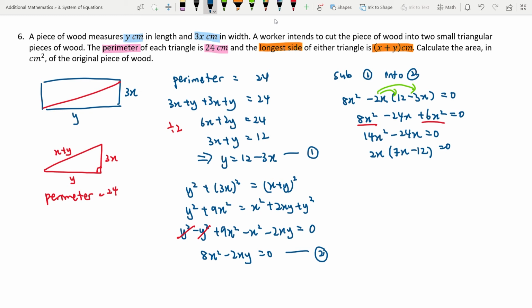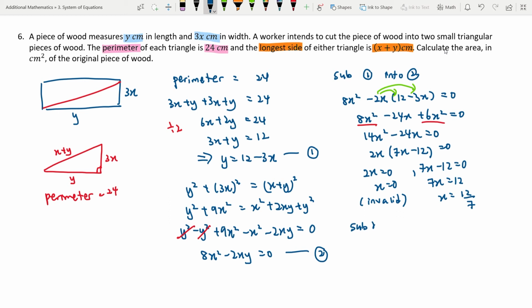Hence, for the equation to be 0, either 2x is equal to 0, x is 0, or 7x minus 12 is equal to 0, 7x is equal to 12, x is equal to 12 over 7. For this case, x equal to 0 is invalid. Then we need to find our y.